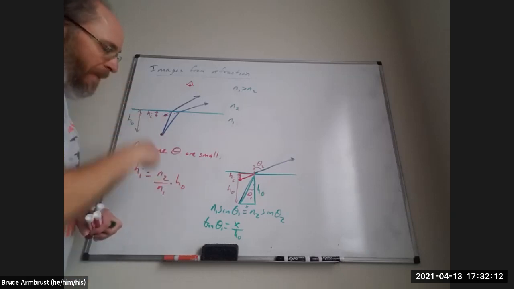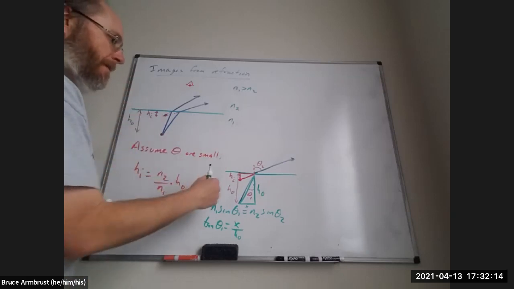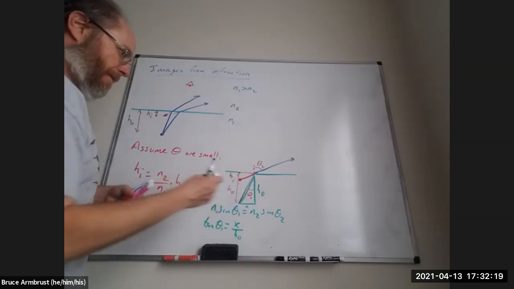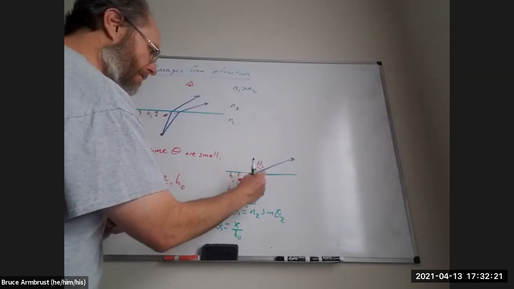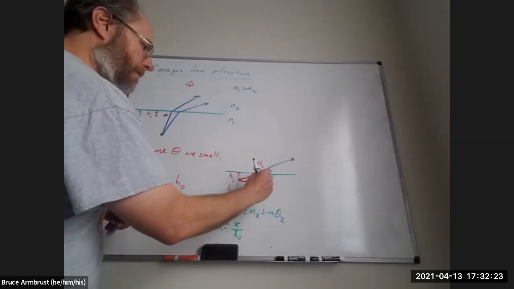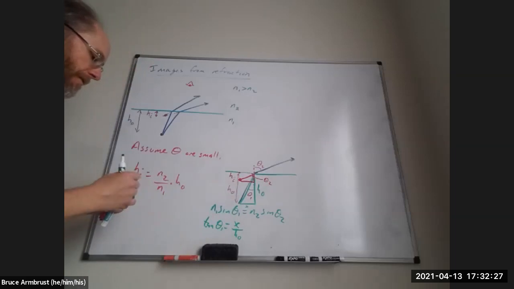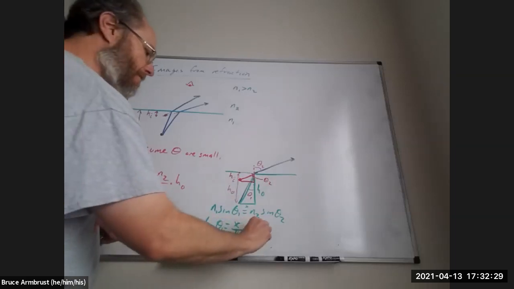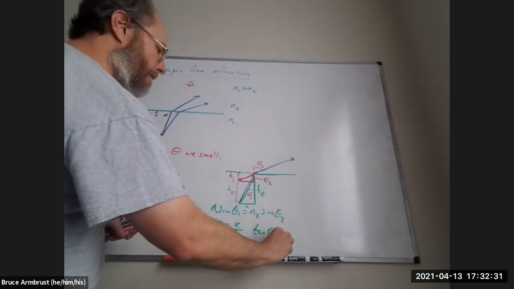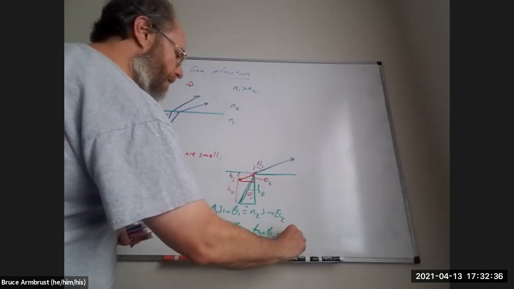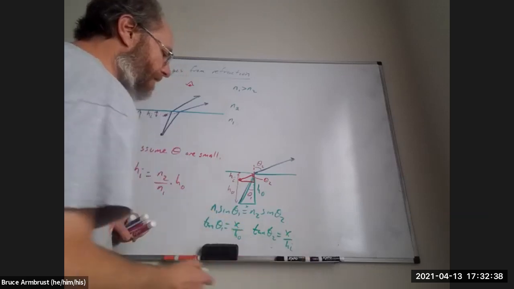If you do the same thing, but you look at this red triangle, notice that up in this corner, that's theta 2. So you get tangent of theta 2 equals X over HI.